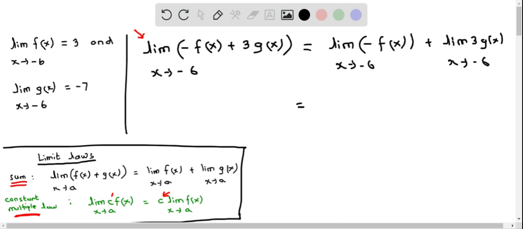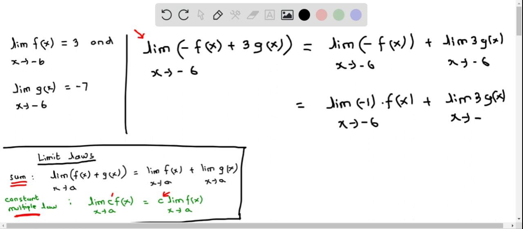Now to evaluate the first limit, which is negative f of x, I can consider this as negative 1 times f of x, as x approaches negative 6, and the limit of 3g of x. I write the second limit as it is, x approaches negative 6.